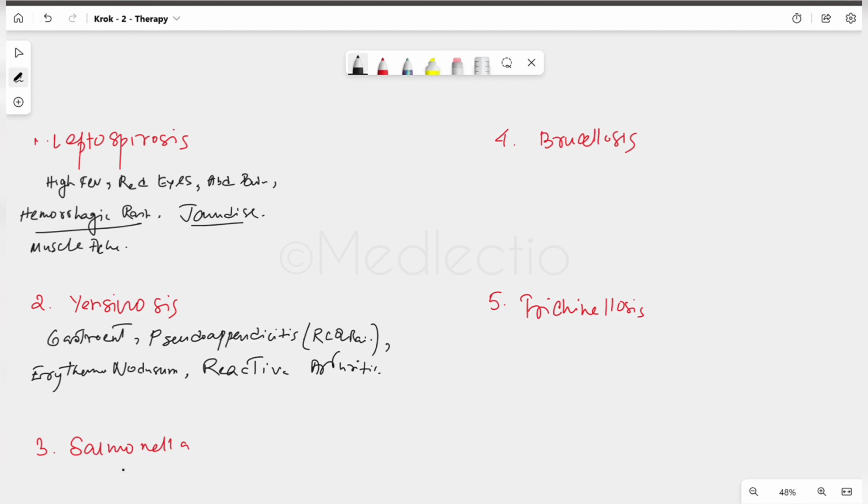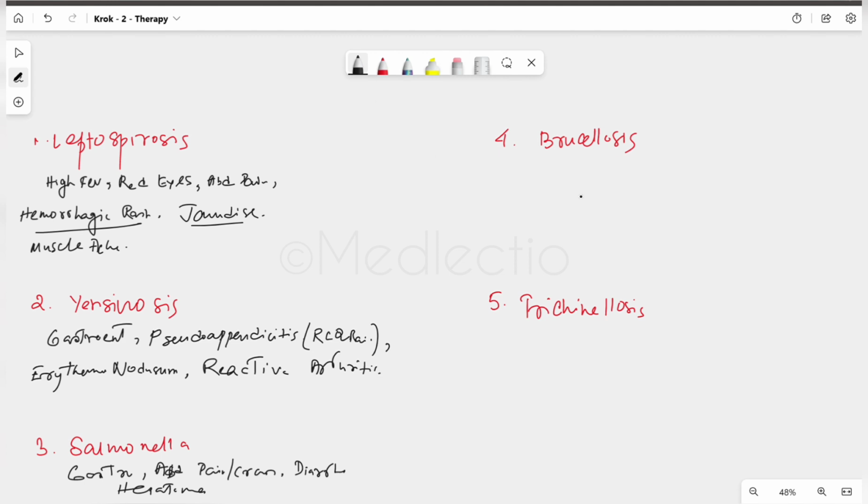Salmonella is totally a gastro problem, like abdominal pain, cramps, diarrhea. Hepatomegaly can happen.